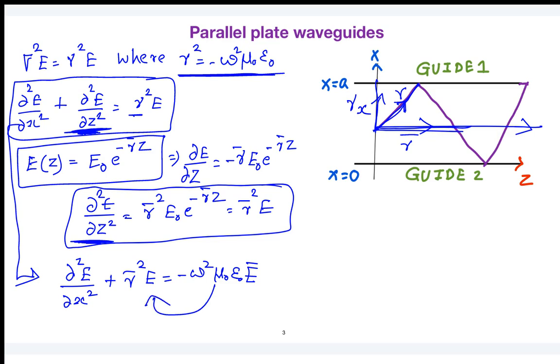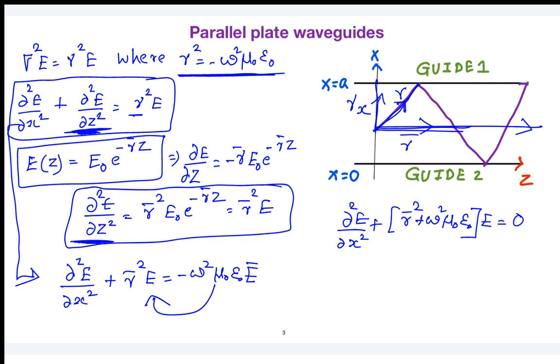What you are going to get is ∂²E/∂x² plus (γ̄² plus ω² μ₀ ε₀) into E is equal to 0.